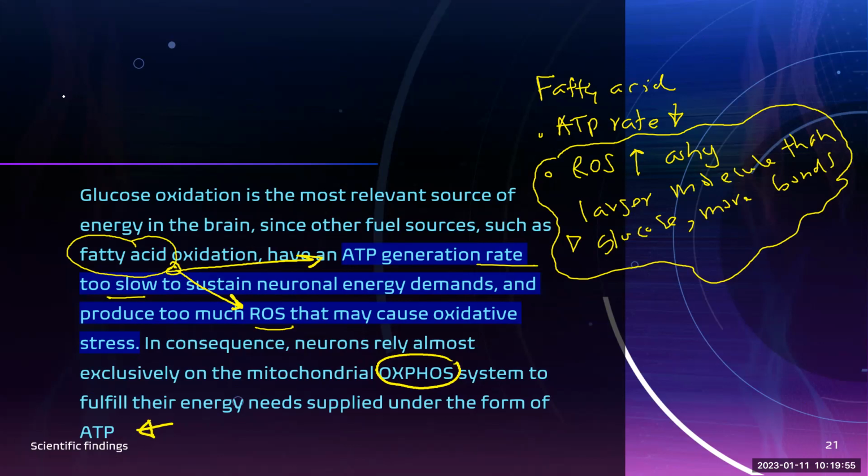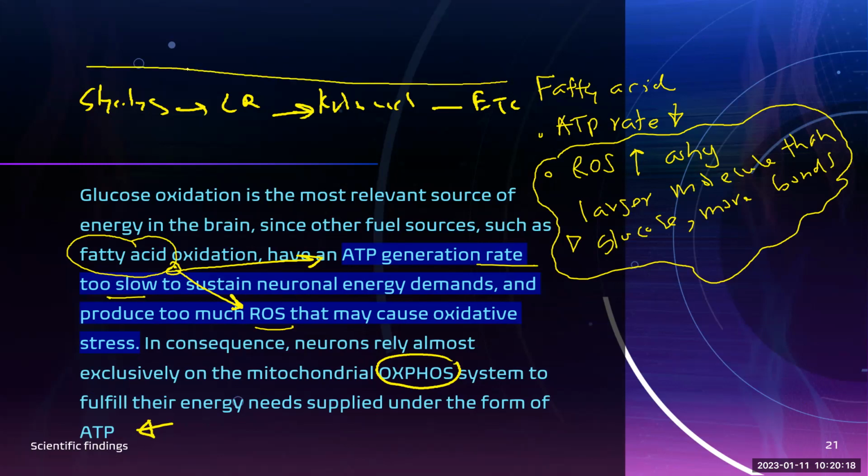So we have learned glycolysis, link reaction, Krebs cycle, and electron transport chain. This is the standard pathway for the oxygen molecule and glucose molecule. When glucose enters, it goes through this pathway.